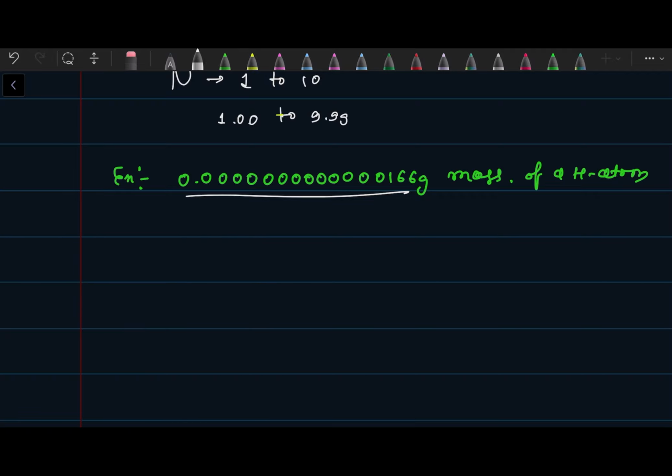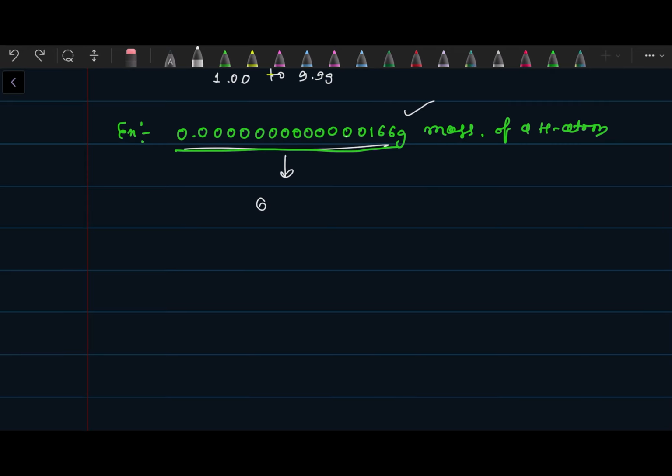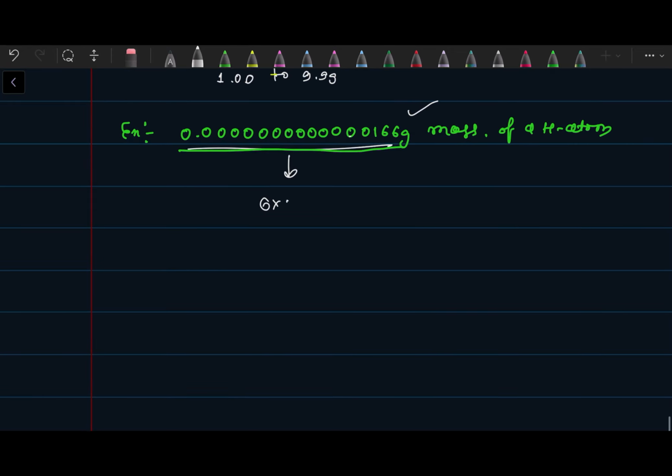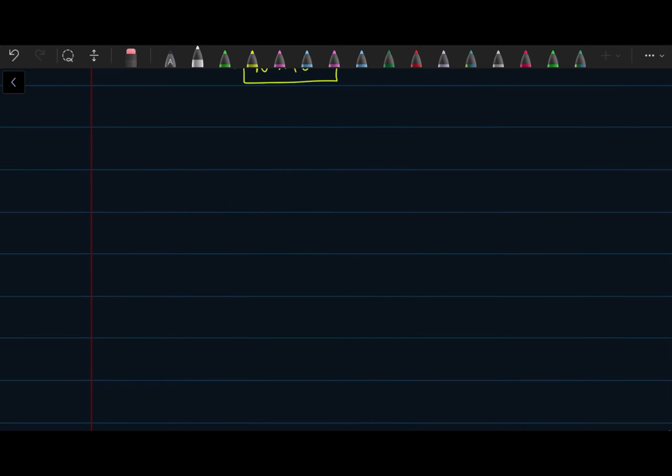How can we convert this into a simpler value? When we convert it, the data becomes very easy. This I can convert into 1.66 into 10 to the power of minus 14 gram. This is nothing but scientific notation, in the form of N into 10 to the power n. So this is the application of scientific notation.